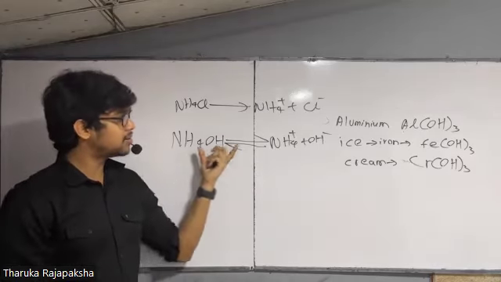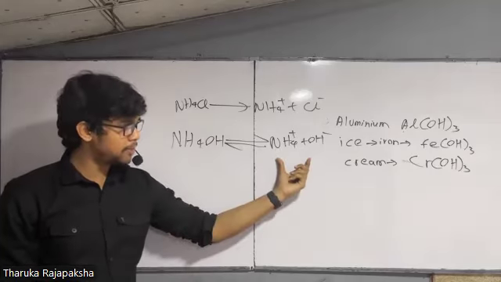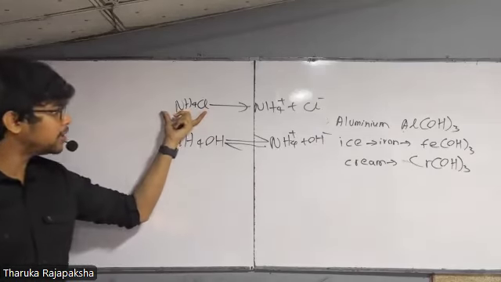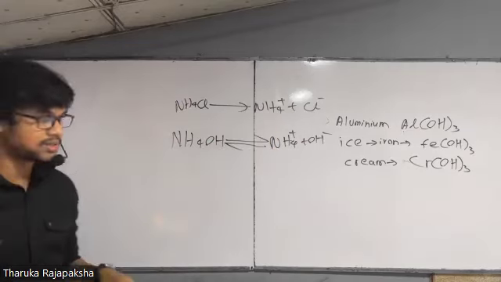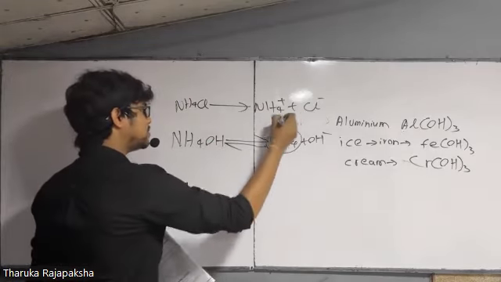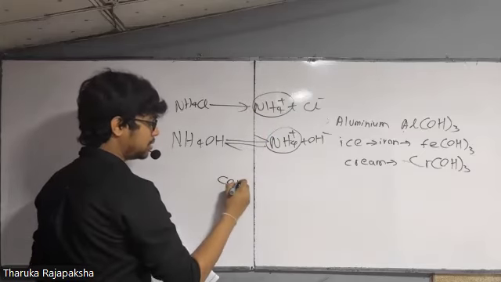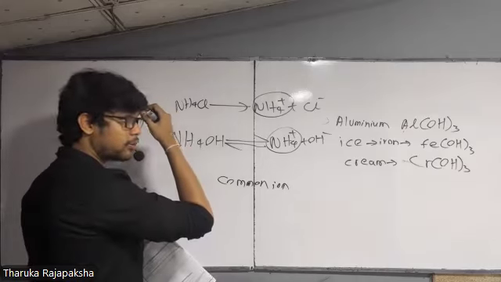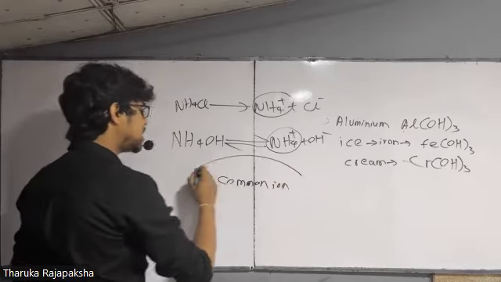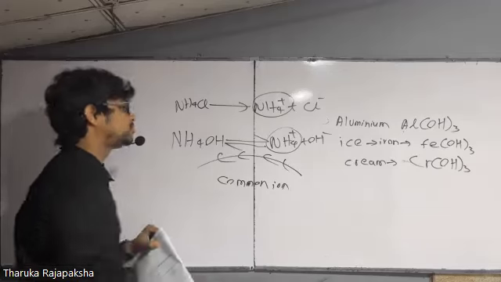Right. Ammonium hydroxide is a reversible reaction which forms ammonium plus and then OH minus. So this ammonium chloride we are adding fully dissociates to form ammonium plus and Cl minus. Now you can see ammonium plus is a common ion. If there's a common ion, this reaction will favor backward.